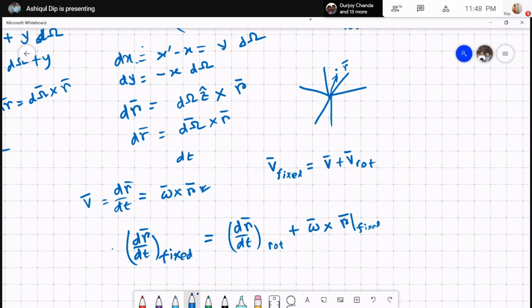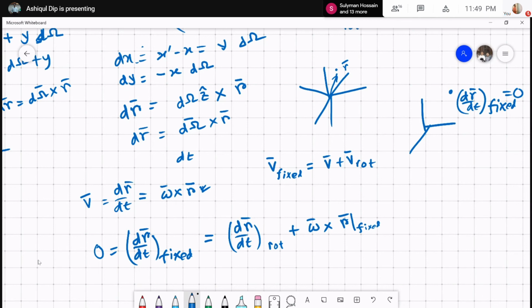You see that? I mean, in the frozen coordinate, this particle has a velocity dr over dt fixed equal to 0. In that situation, this thing has to balance, right? So dr over dt rot equals negative of omega cross r fixed. So remember this thing, otherwise we might get confused.